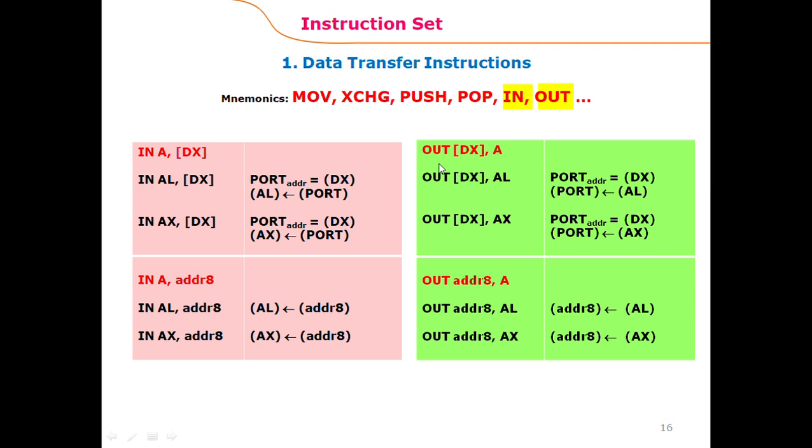Similarly, the OUT instruction sends data from the accumulator to an output port, and the data can be 8-bit or 16-bit. The address of the port can be provided indirectly through a register, or directly as part of the instruction.